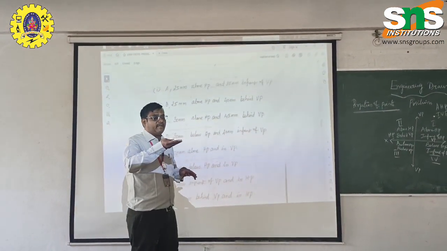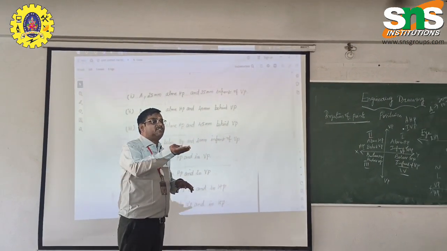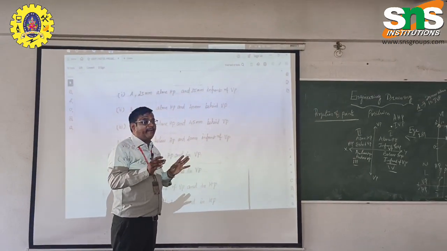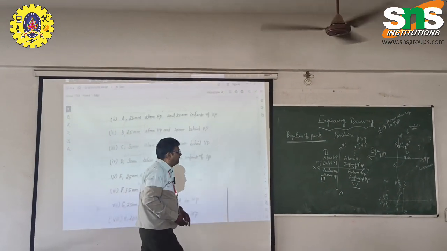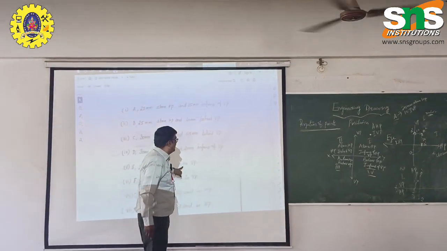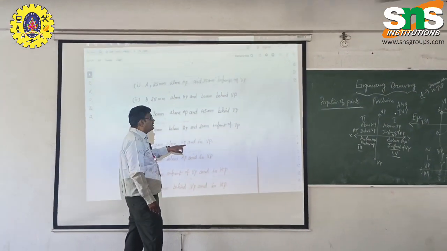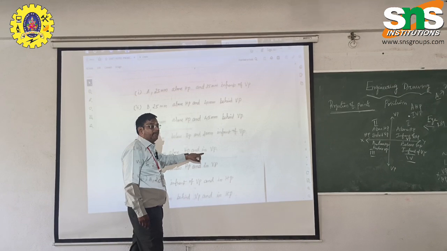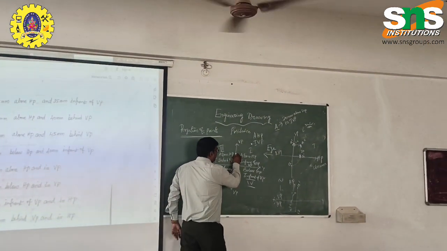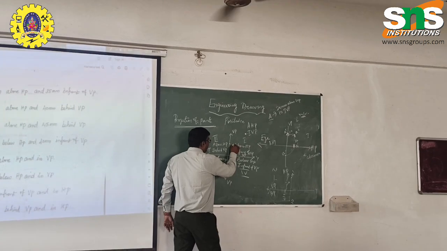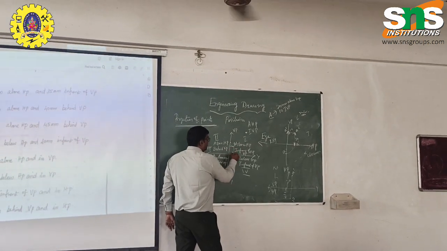25 mm above HP indicates first or second quadrant. But this is a critical kind of problem. They have said 25 mm above HP and in VP. So it is in VP. Height they have said, it is at this height, but this distance they have not mentioned.